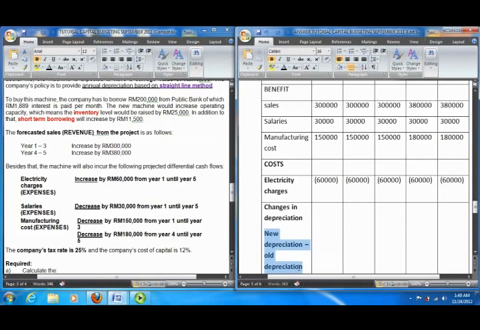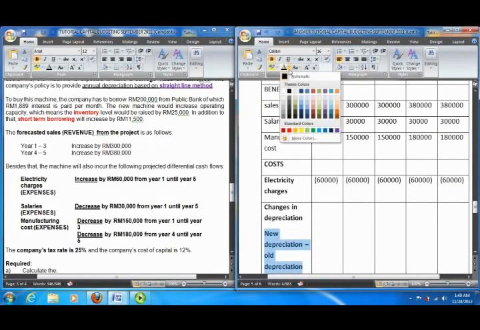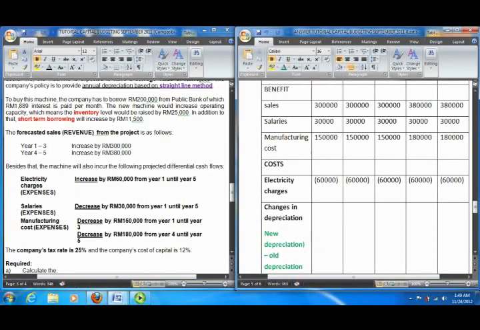New depreciation per year minus your old depreciation. So can I know your new depreciation? From where you can get, class?